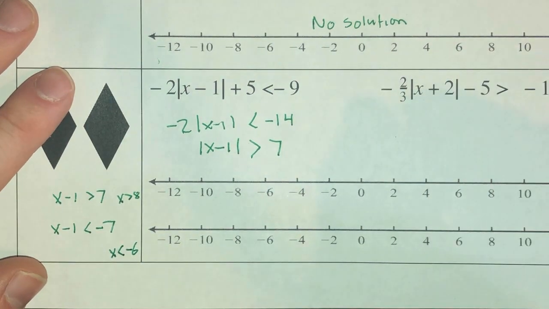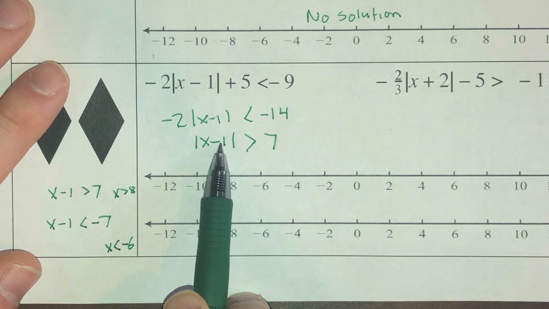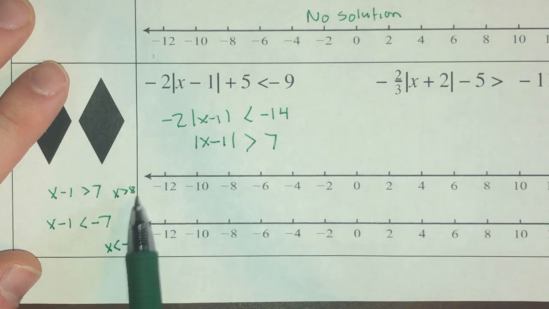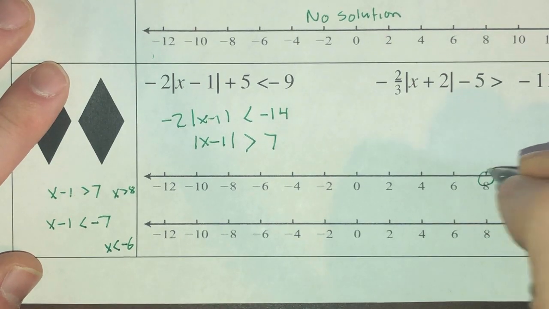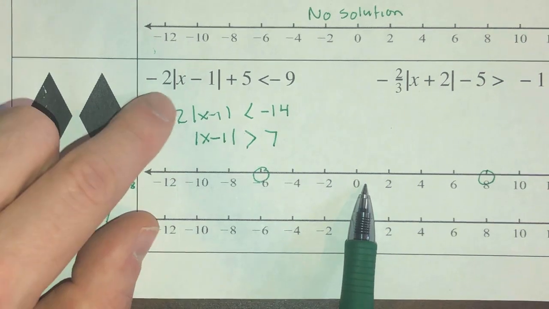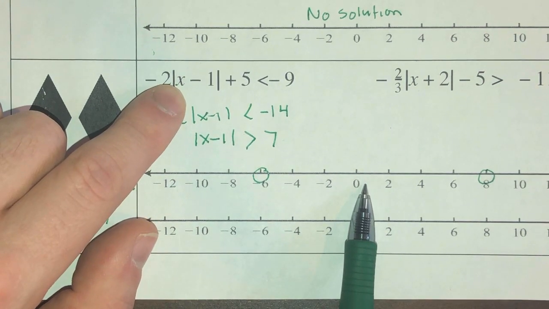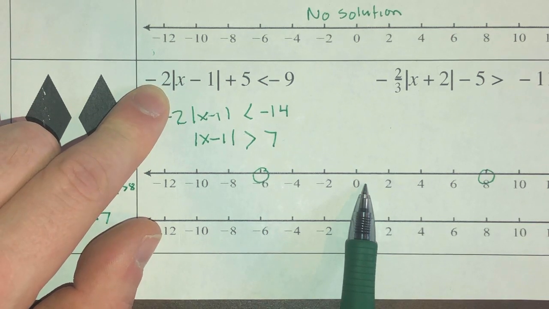Okay, so I put my dots. And notice, these are both 7 away from 1, right? Less than, more than. So open dot, test point, 0. 0 minus 1, negative 1. Absolute value of negative 1, 1. Okay, 1 times negative 2, negative 2.